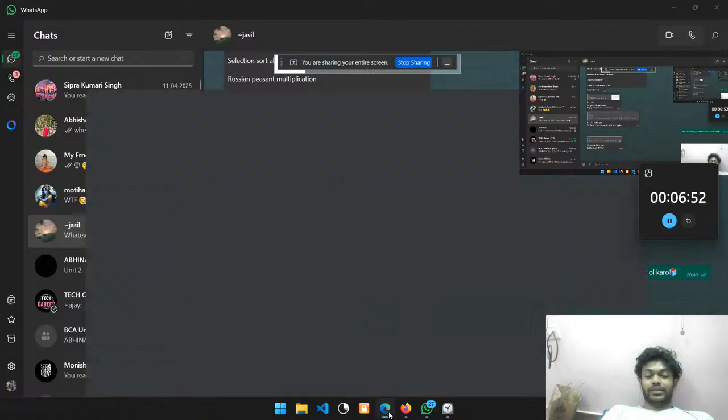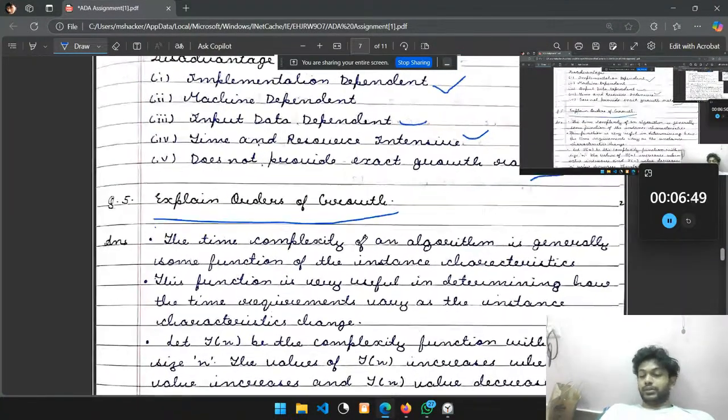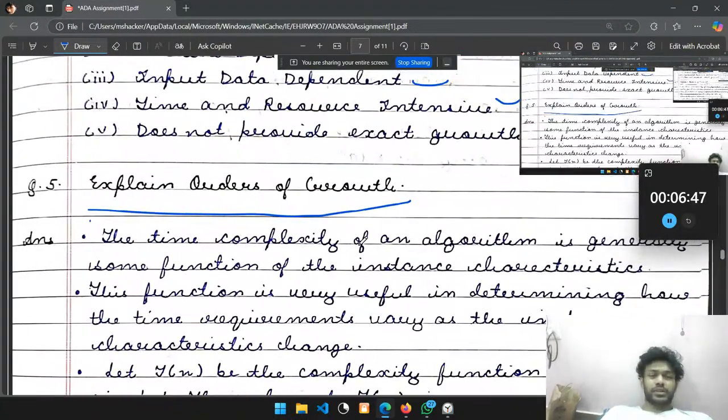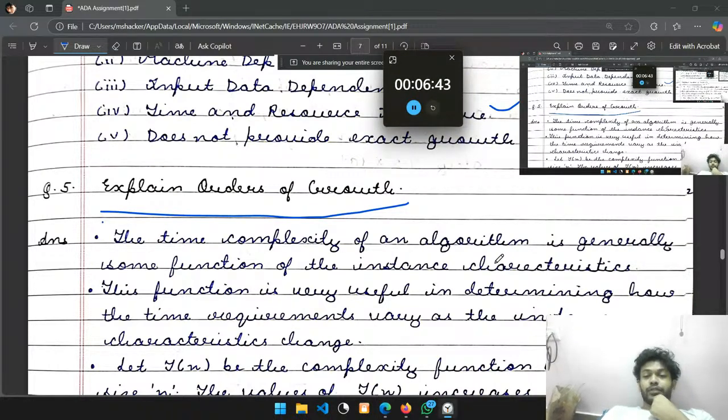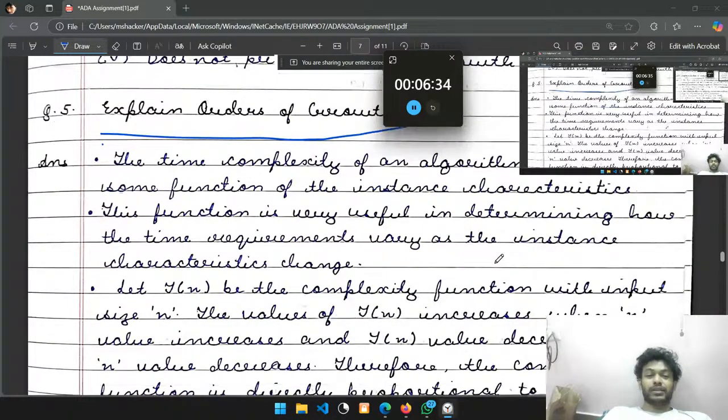Okay, so let me see what is written here. What are these weird sounds of snakes outside the room? 6 minutes. The time complexity of an algorithm is generally some function of the instance characteristics. This function is very useful in determining how the time requirements vary as the instance characteristics change.